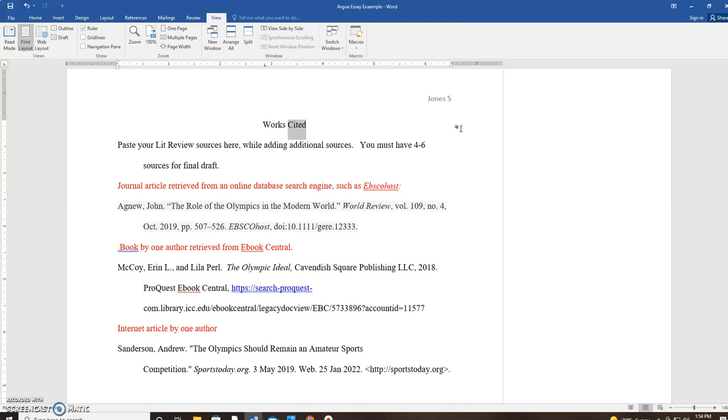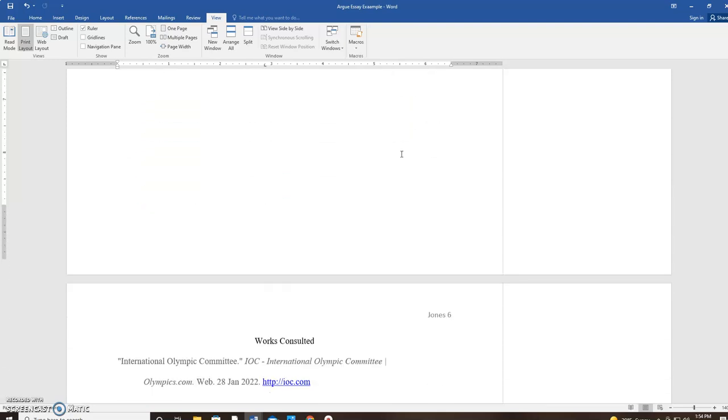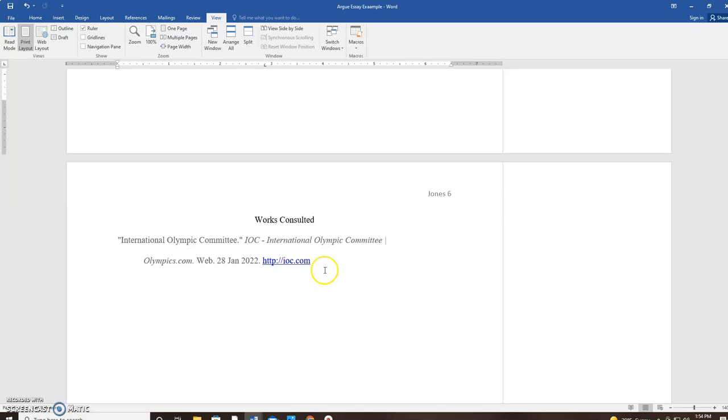It is the list of sources that you quoted from in the essay and that you gave credit to in the essay. The works consulted page would be sources that you used for reference material, including anything that you used in footnotes. And here is that website about the Olympic Committee.